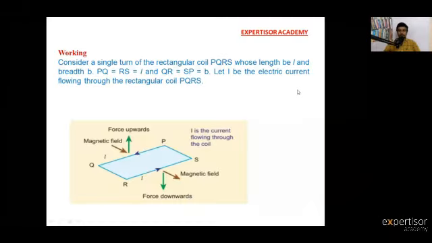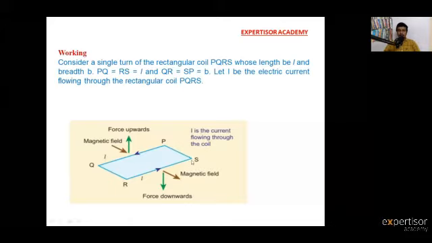In this video, we discuss the working of the moving coil galvanometer. See here, consider a single turn of rectangle coil PQRS whose length is L and breadth is B. In a galvanometer, we have rectangular coils.